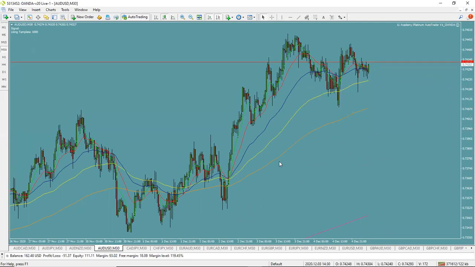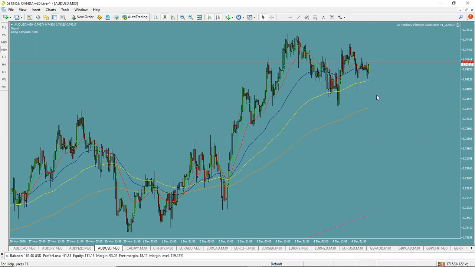Something I see here is that this high here did not break this high. So that's telling me that even though we got this nice run up, it's possibly going to be stunted a little bit. So I'm going to break even a little bit quicker on a trade like this, just to make sure that it doesn't go back negative against me.